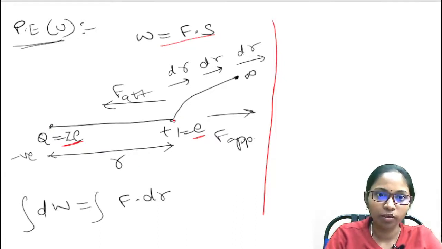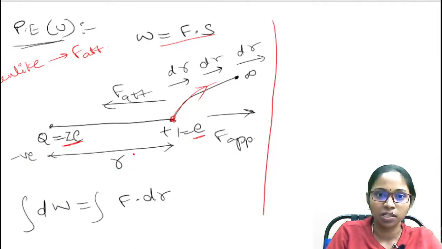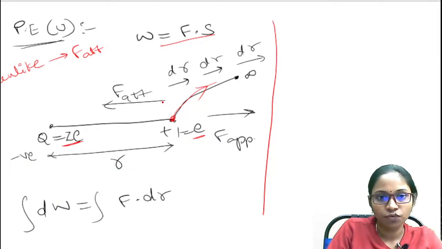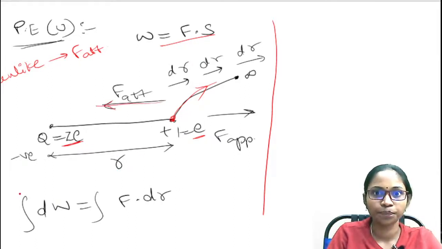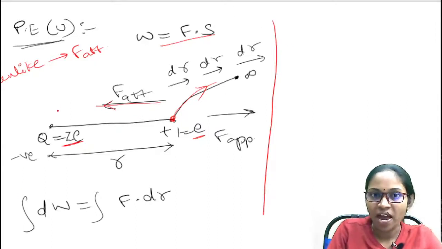I just want to bring this test charge to infinity. As both the charges are unlike charges, we will have an attractive force between these two charges. So the direction of force is this one, towards the left hand side.